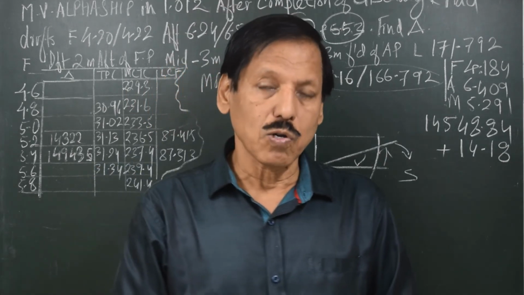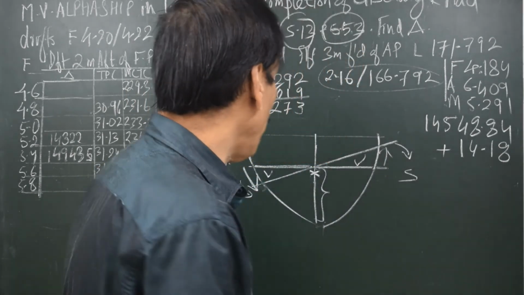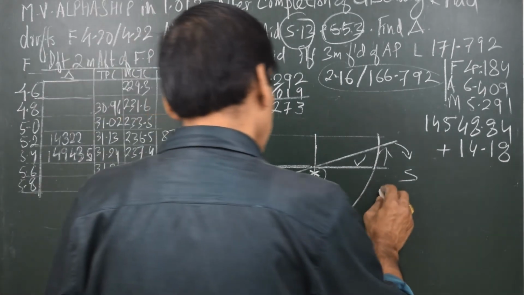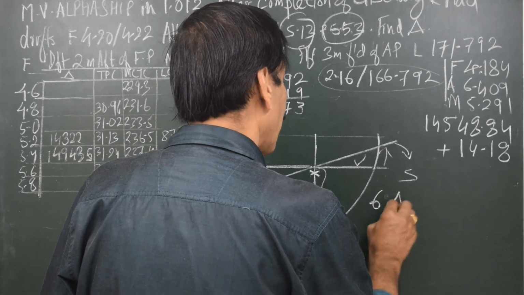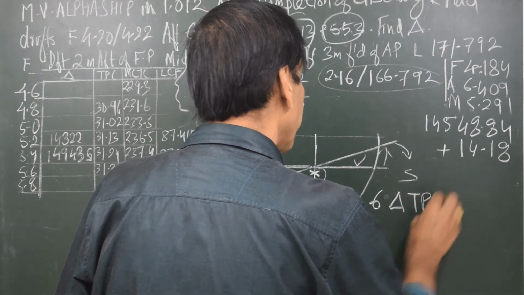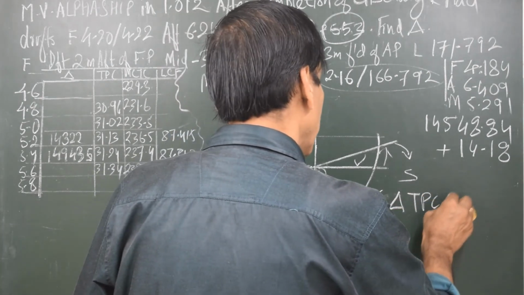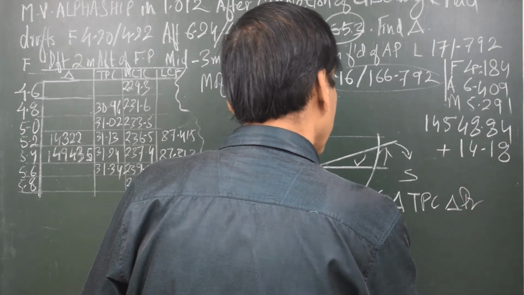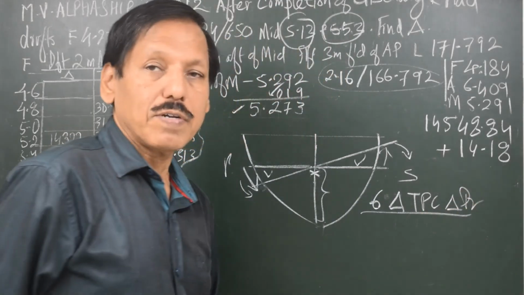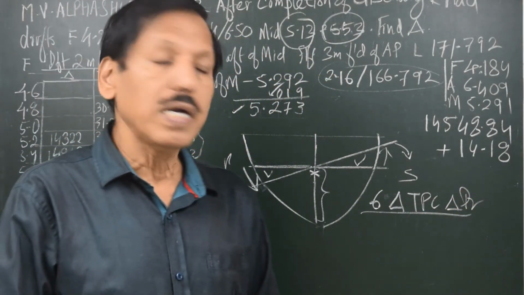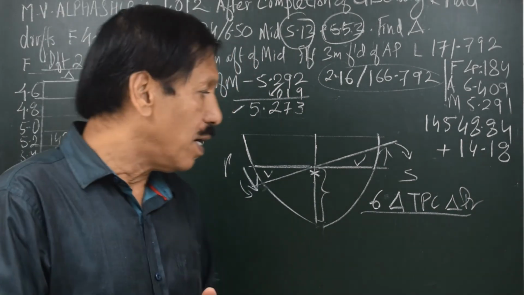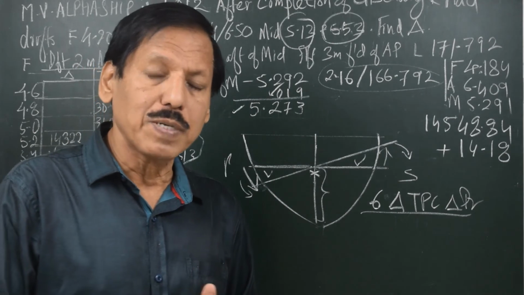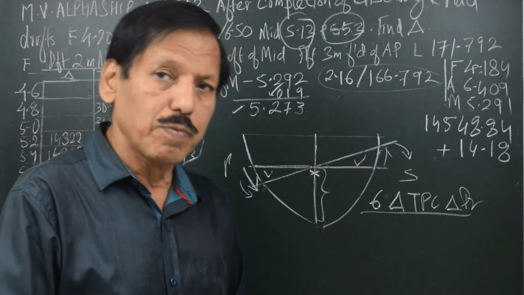So this correction is also positive, and the formula for that is 6 times the difference of TPCs, delta TPC, into difference of the draft. Ideally we should take the draft which represents the displacement of the vessel.